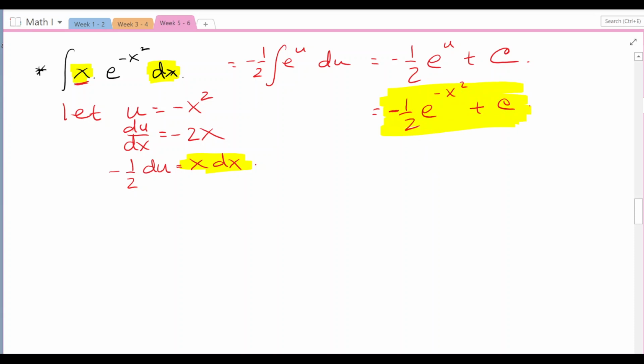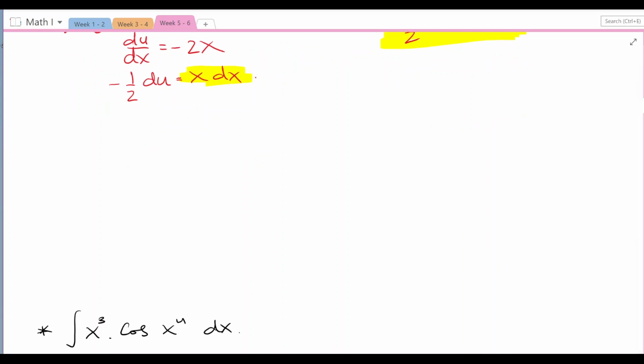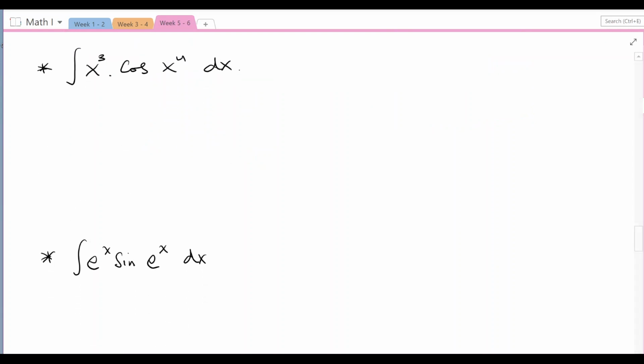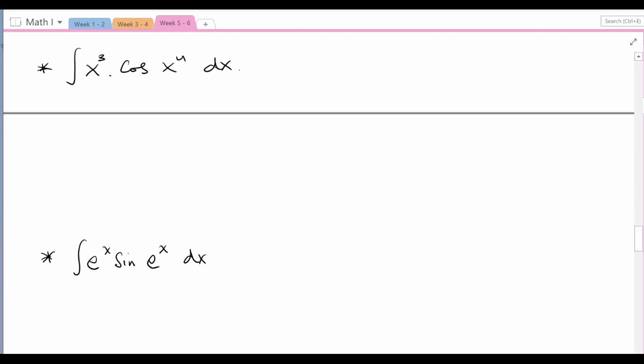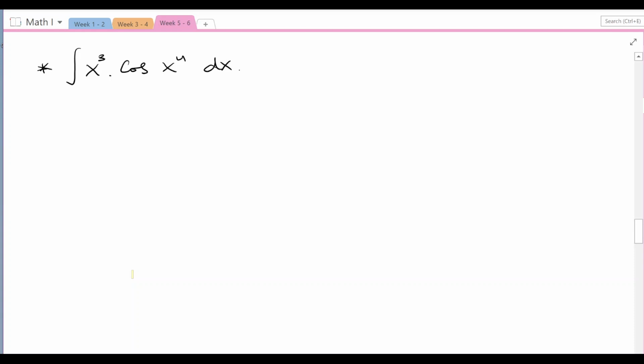Okay, let's try another one. The integral of x cubed times cos x to the power of 4, dx. Same principle, we just have to choose based on our analysis. So we have here x to the power of 4. The derivative of x to the power of 4 is 4x cubed, and we have x cubed in here.